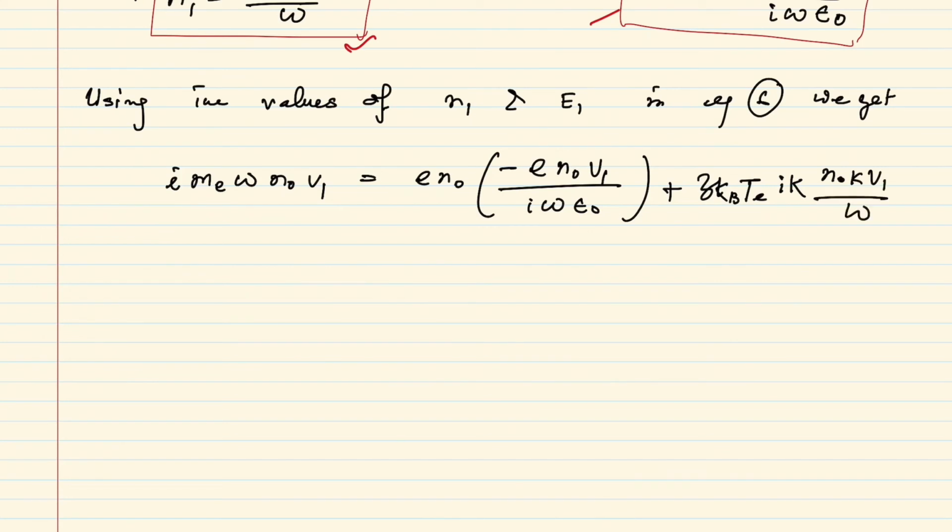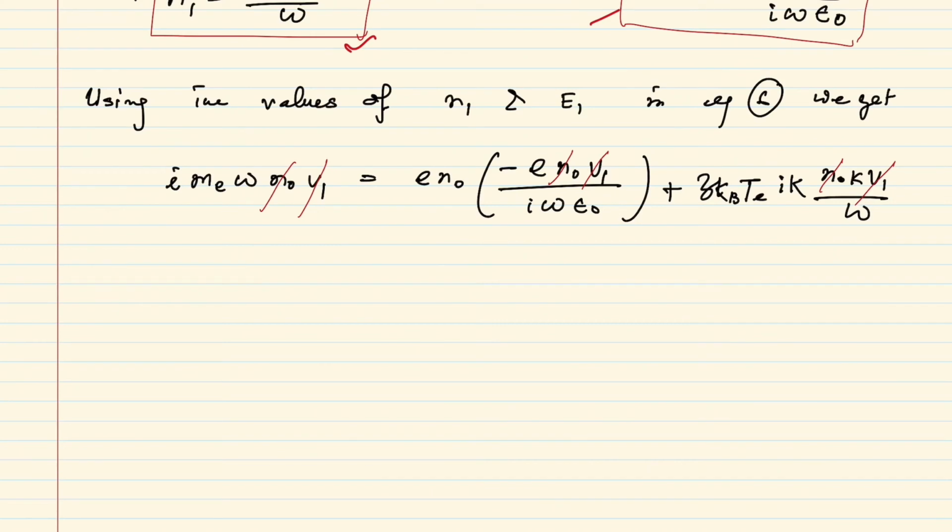Okay, so we have got it. What terms can be cancelled here? n naught, n naught, n naught. And one more thing, V1 is also cancelled.